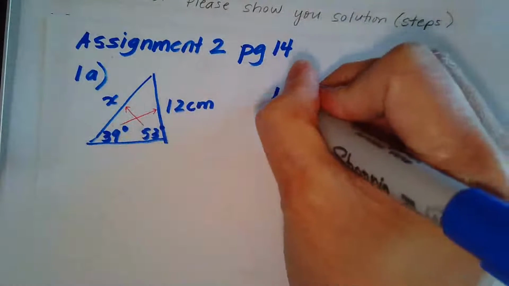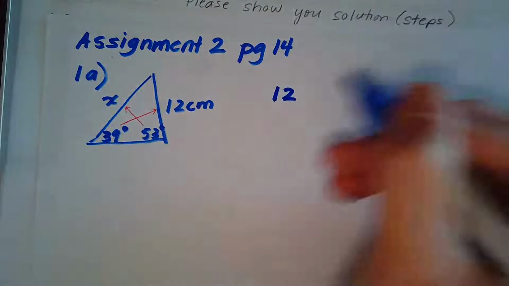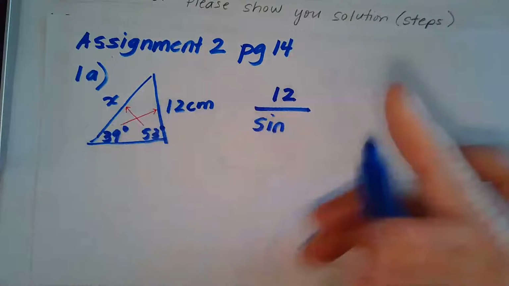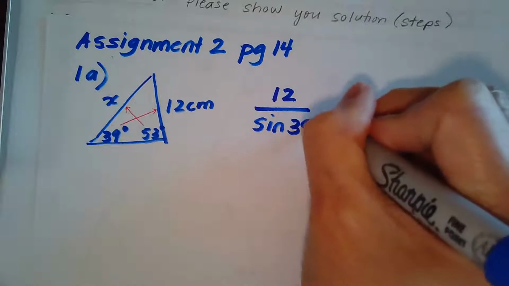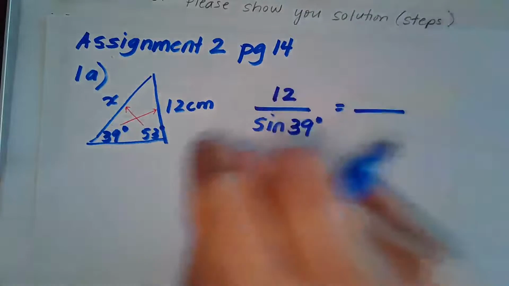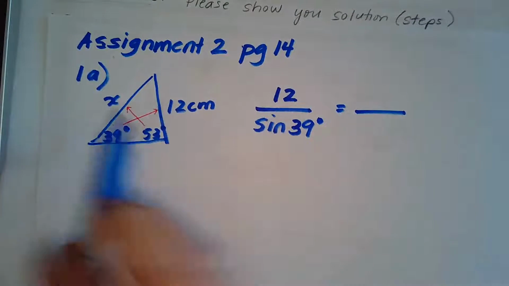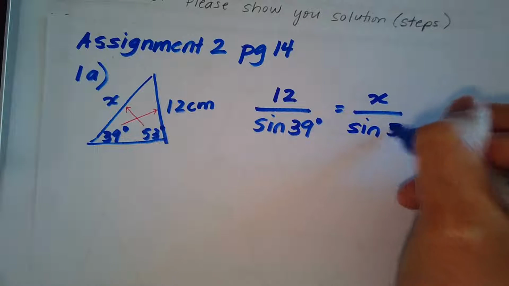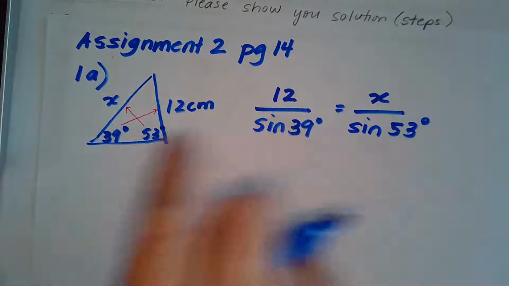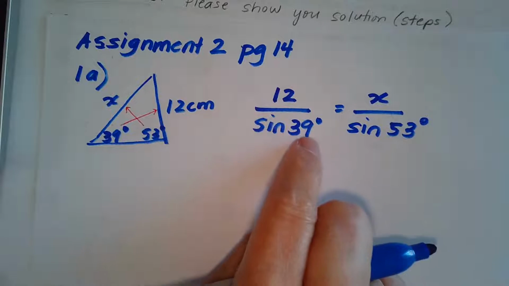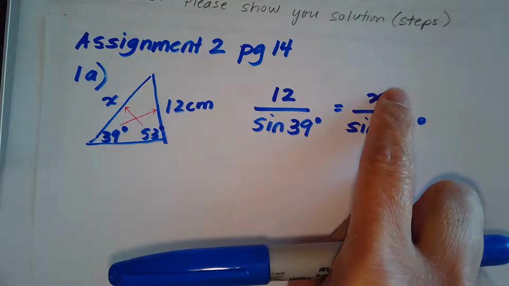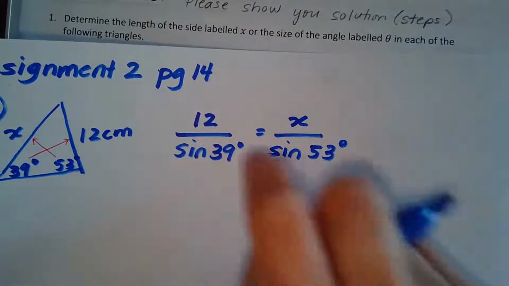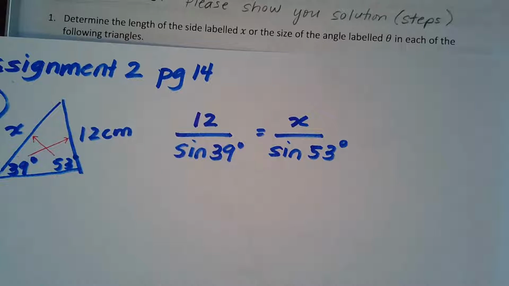I'll start off with the side, 12 centimeters, divided by the sine of the paired angle, which is 39 degrees, equals X as a side, divided by the sine of 53 degrees. So these are pairs, side and angle, and this is the side that's missing, and then this is the paired angle.